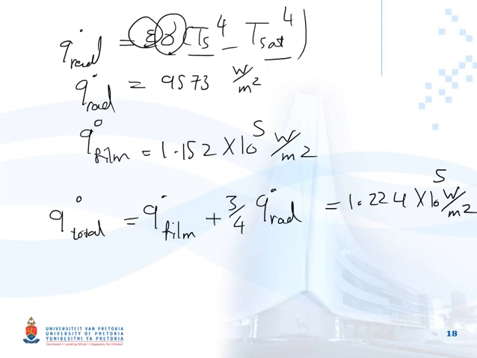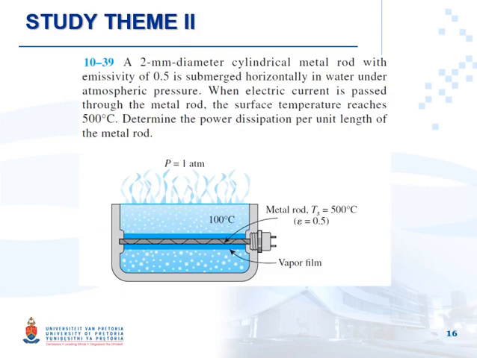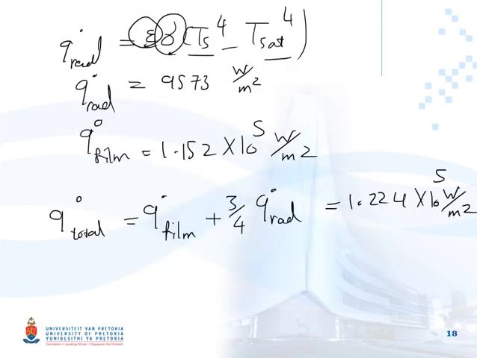And we go back to the question to see what else is asked. Determine the power distribution per unit length of the metal rod. So basically it's asking for Q dot total divided by L, which is watt per meter.